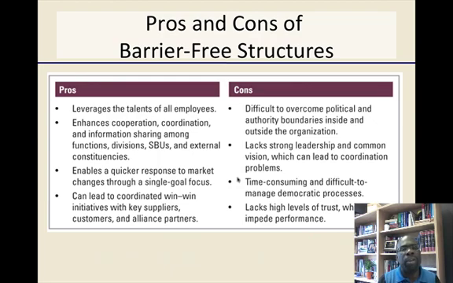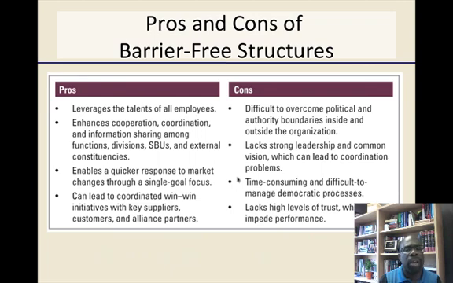There are advantages and disadvantages of barrier-free organizational structures, and most of these advantages and disadvantages of these boundaryless organizational structures I'm not going to discuss in detail. I'm just going to leave it to you to read them. They are very straightforward.